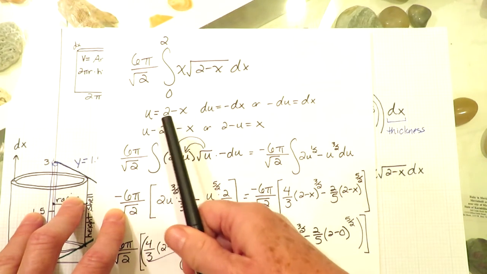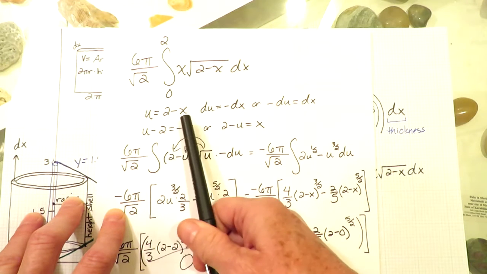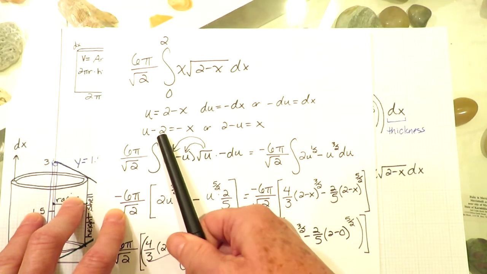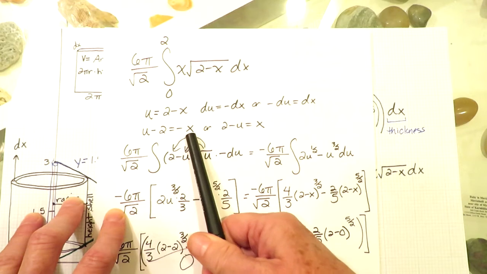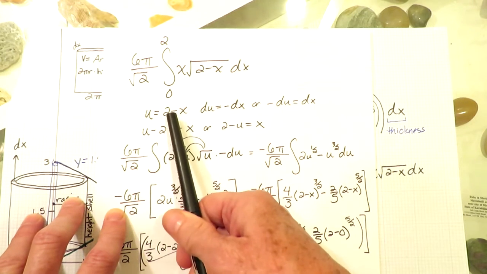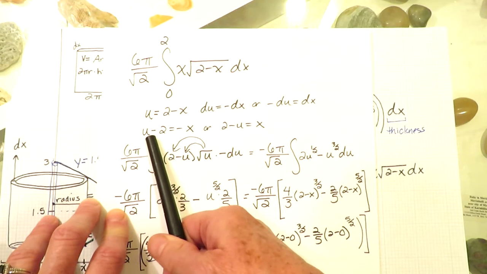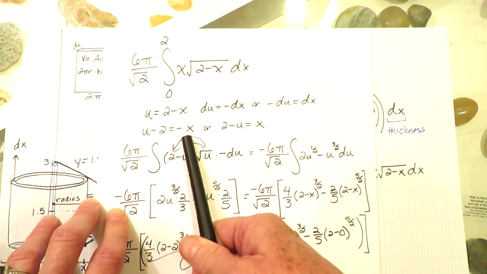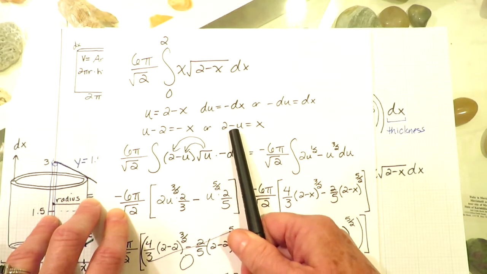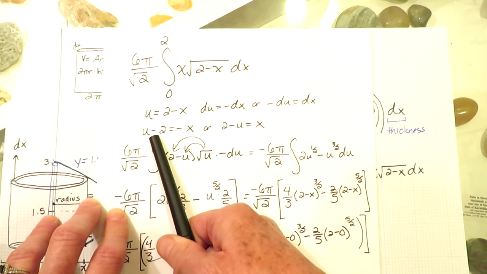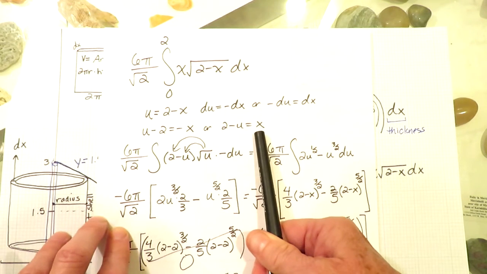And u would also yield u minus 2 equals -1 times x. So I'm just algebraically rewriting it. If I then multiply this side by -1 and that side by -1, I get 2 minus u, so I reverse the subtraction, is equal to x.